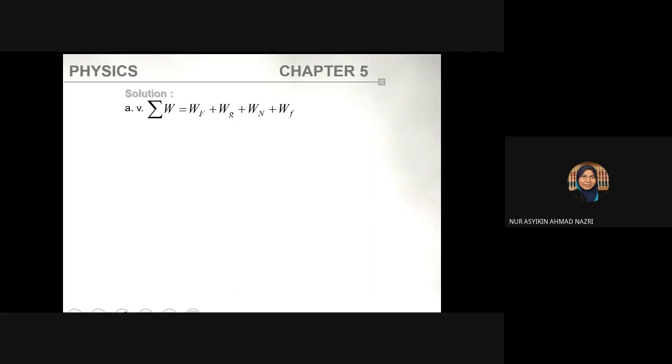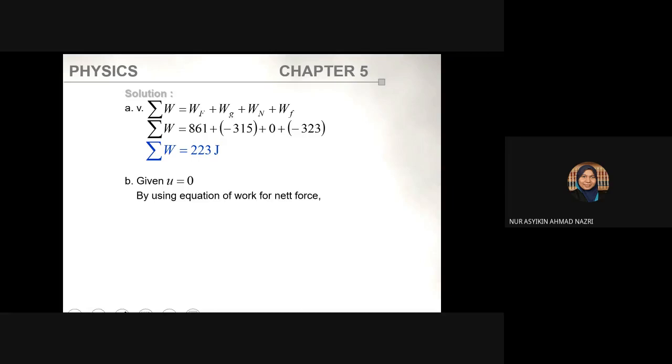And then you need to find the net work done. So put in everything you calculated earlier. Whichever is plus, whichever is minus, put the minus, and you get the value of your total work done is 223 joule. And then by equation of work for net force, find acceleration. No problem. So we equate it to m a d, where d is the displacement and this is your total work done.